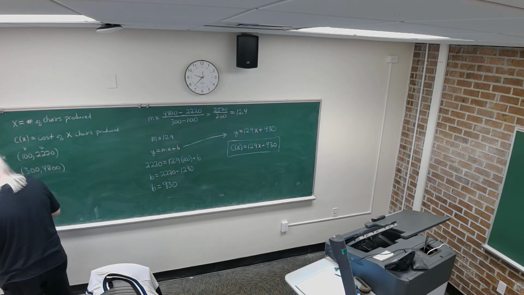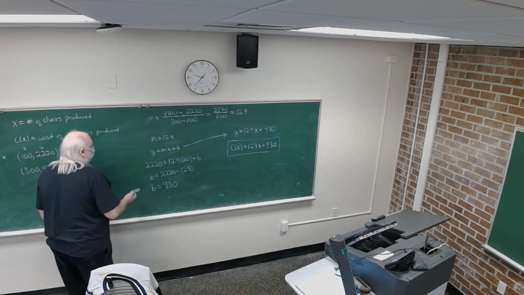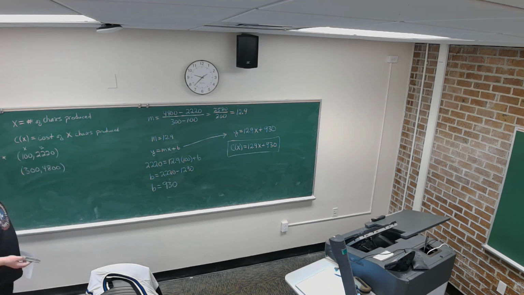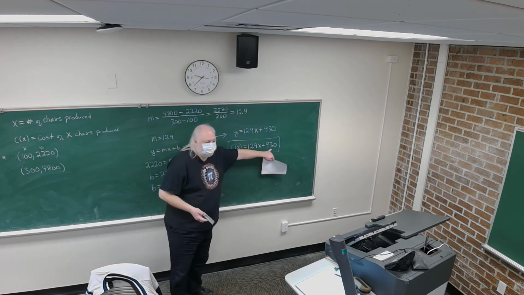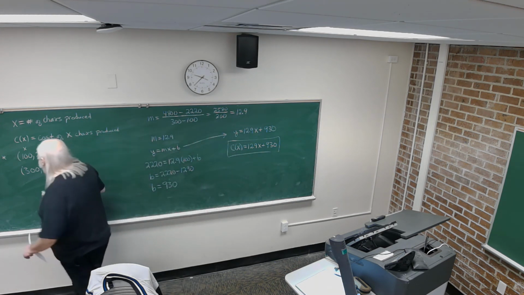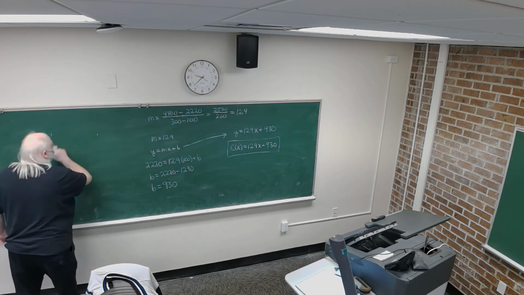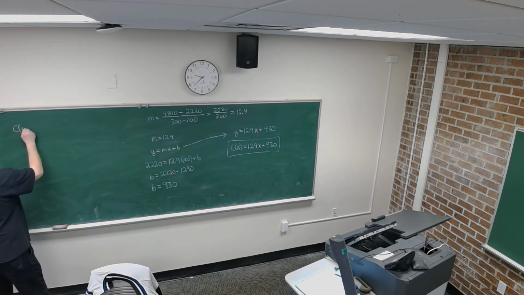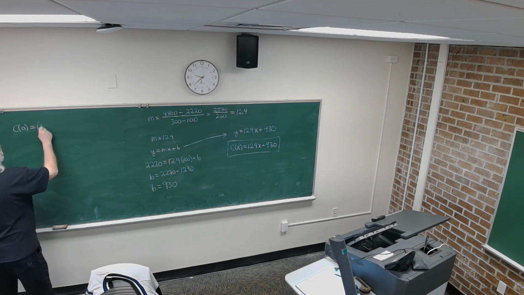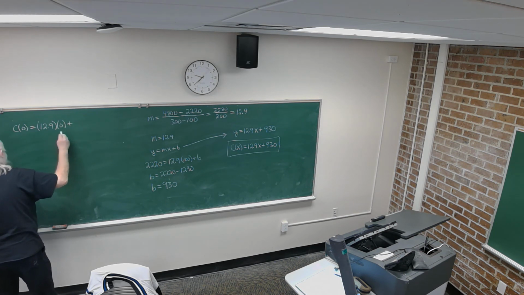Okay, in B, it says using this function, find the factory's fixed cost. That is, the cost incurred when the number of chairs produced is 0. Well, that is when x equals 0, right? So this turns out to be just the y-intercept, right? So you put in 0 for x. This is the y-intercept, 930. Okay. So C of 0 is equal to 12.9 times 0 plus $930.